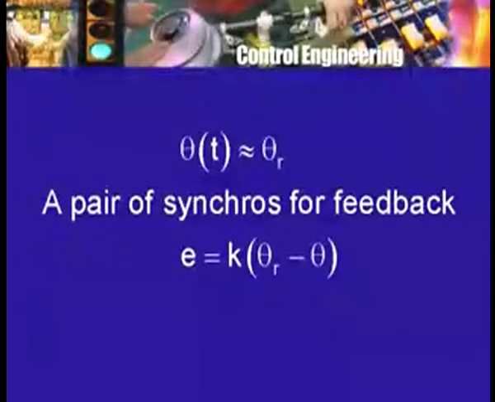Now, what kind of feedback is this? Well, this is proportional feedback, because I have k multiplying (theta r minus theta). So, effectively theta is what is appearing in the feedback. In this case, it is quite natural to think of derivative feedback, because derivative of theta is speed, and speed can be physically measured by a tachogenerator voltage.